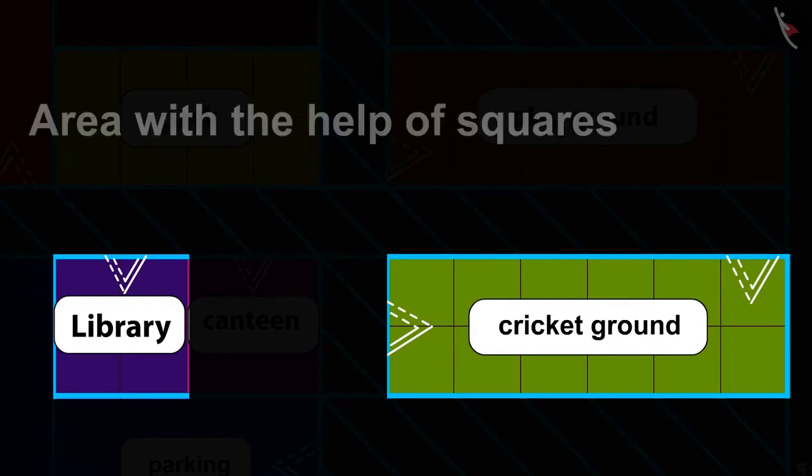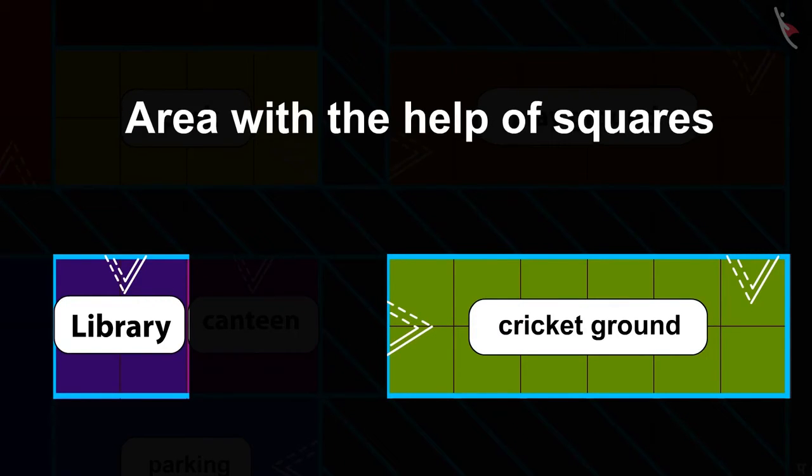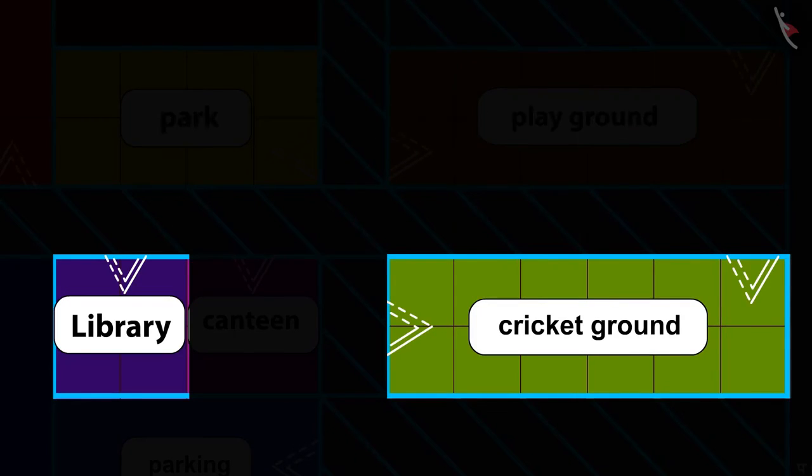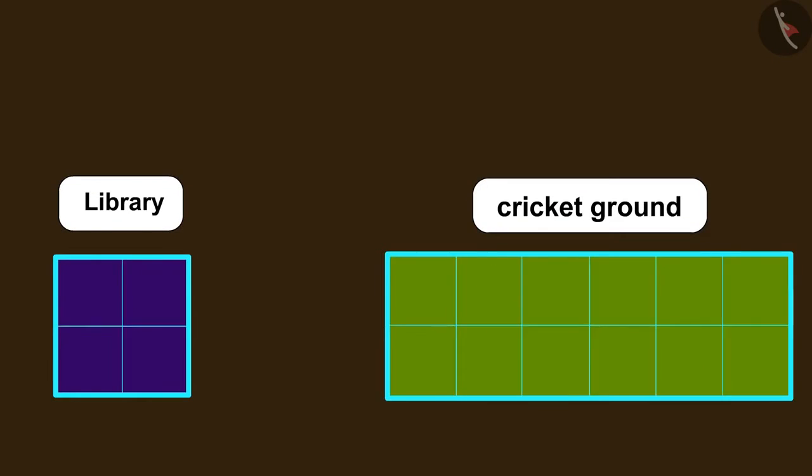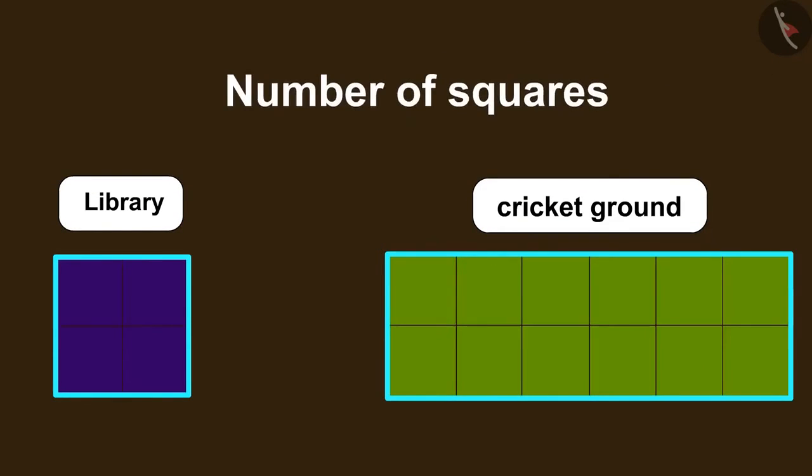Kids, do you remember the process of finding the area of any given place using the method of squares? In this process, we can find the area of any given place using the number of similar squares that the respective place has.